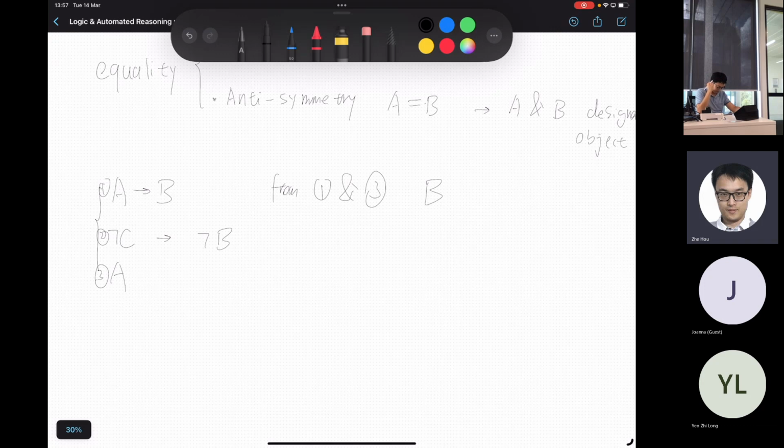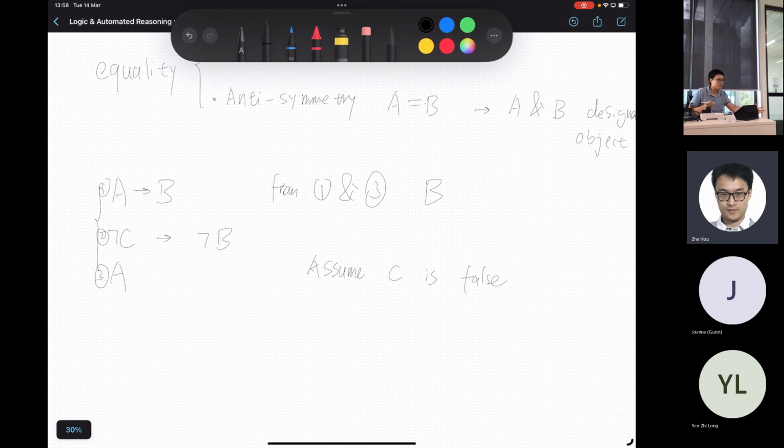So we have not C implies not B. Now, I'm going to assume that C is false, and see what happens.